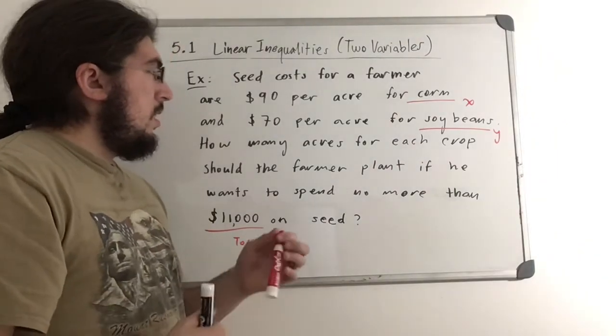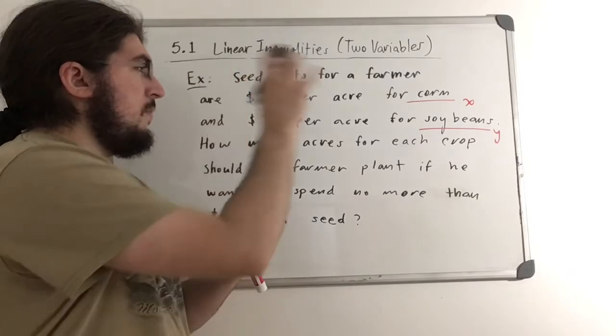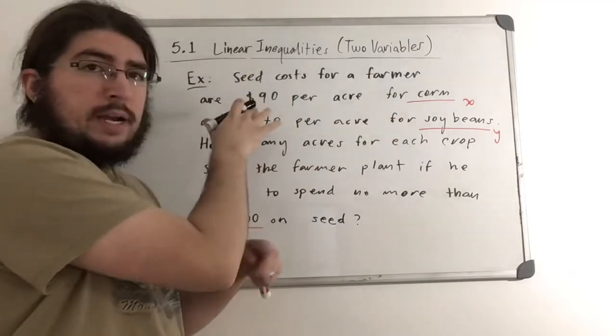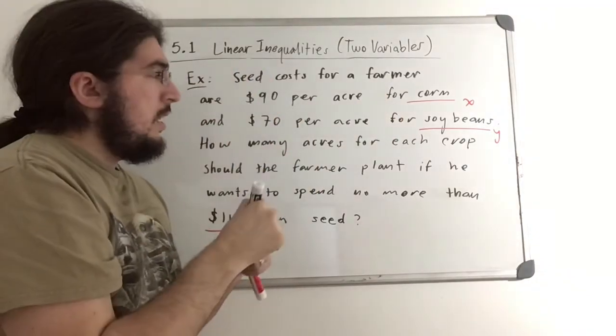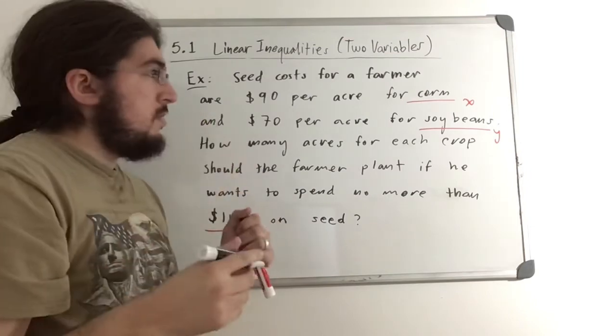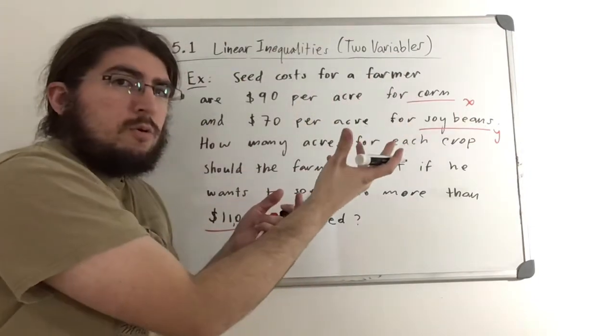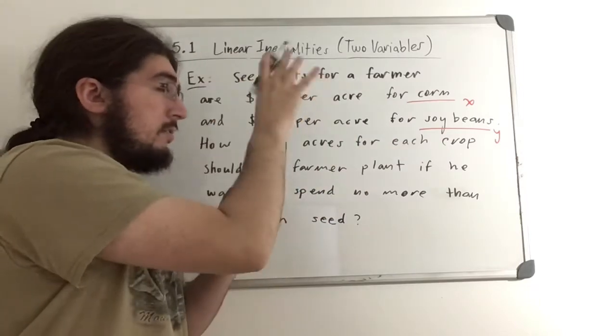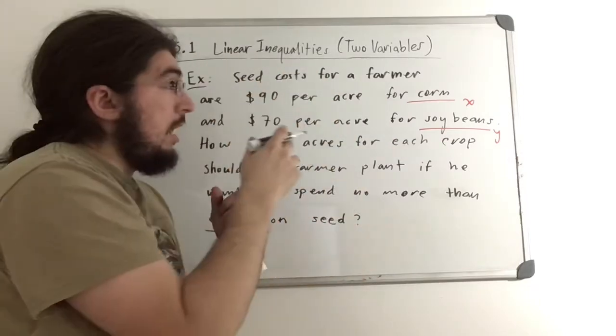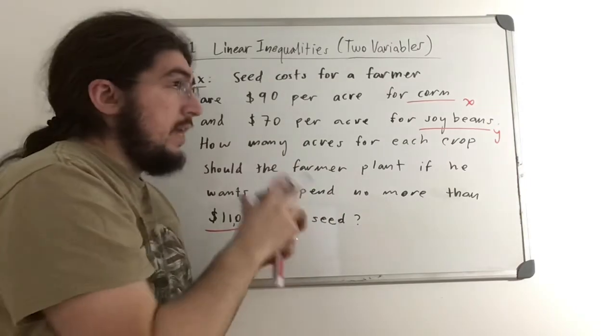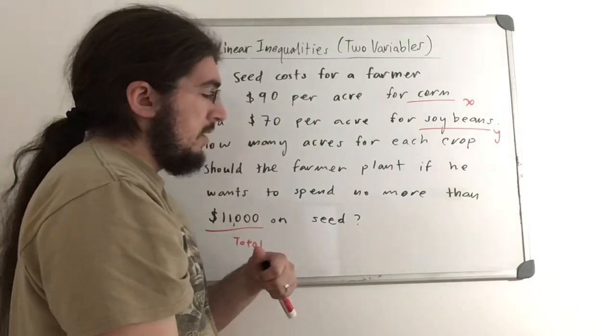So if you're spending x amount of corn, $90 per acre, how much money are you spending? Well, if you're buying x acres of corn for $90 per acre, how much money are you spending for that x amount of corn, acres of corn?